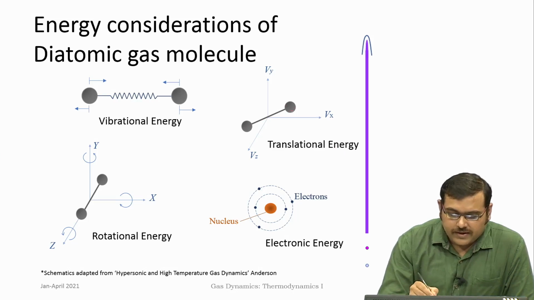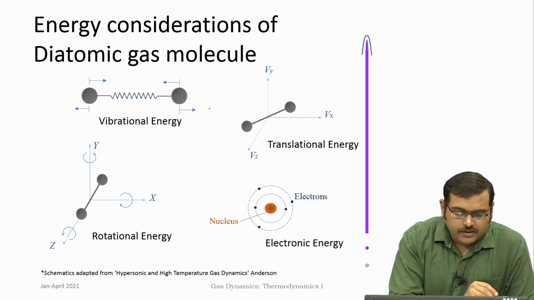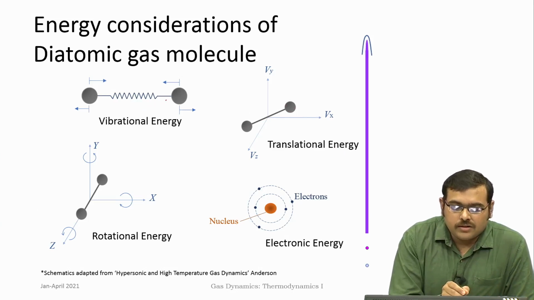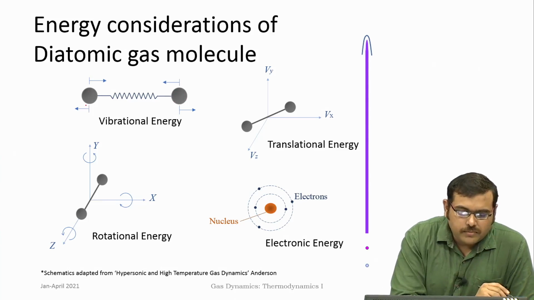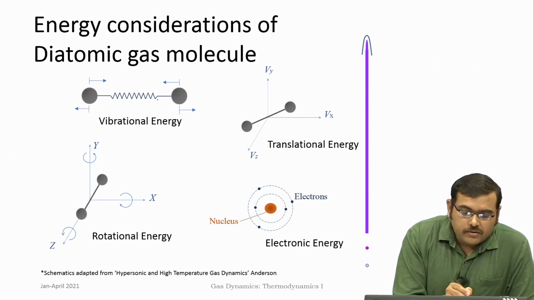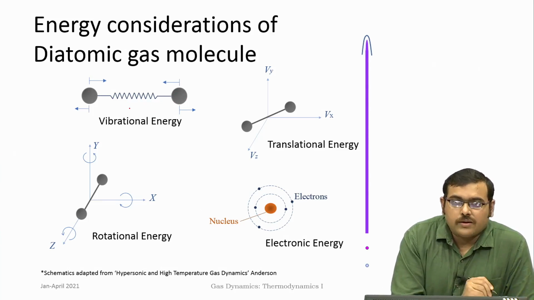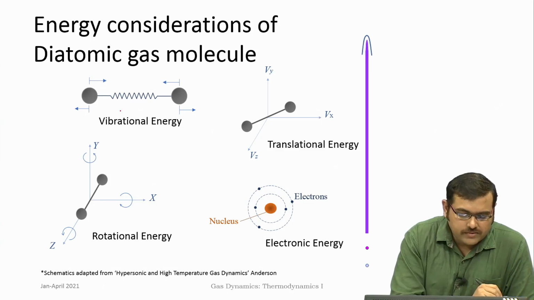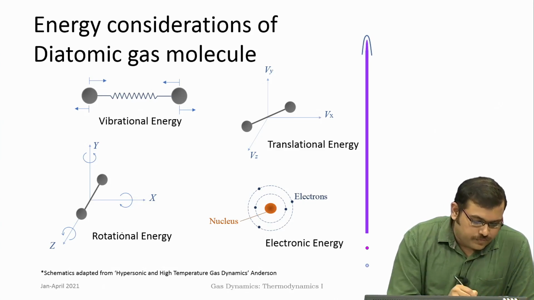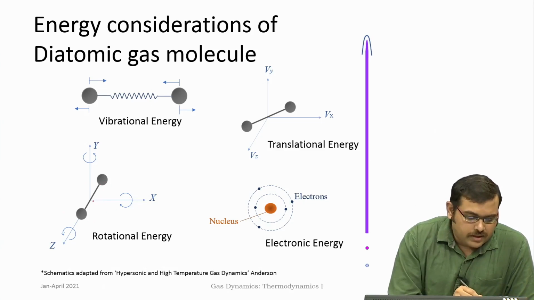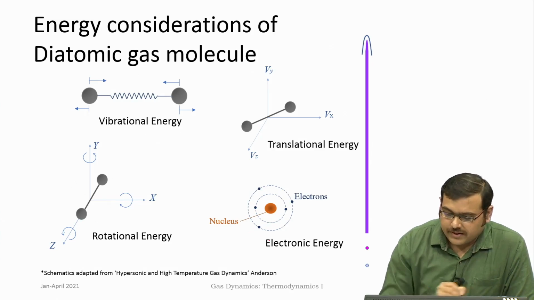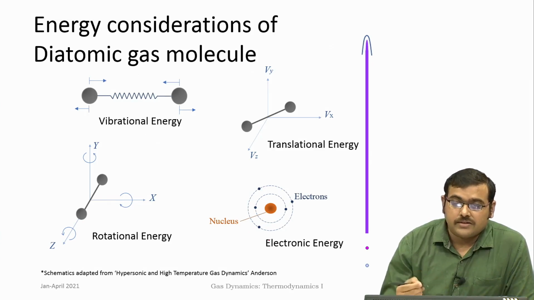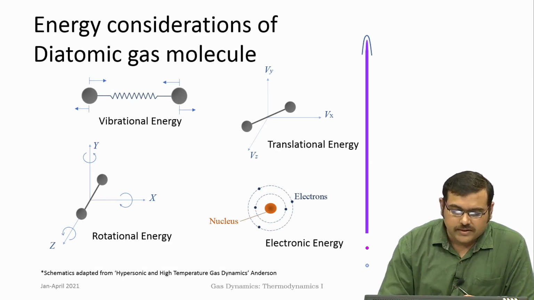Or if you consider a diatomic molecule, there are two atomic masses there, and the distances can change and they can vibrate among themselves, or the molecule can rotate about certain axes, and the molecule is composed of a certain electronic structure, and there is an energy associated with that electronic structure.